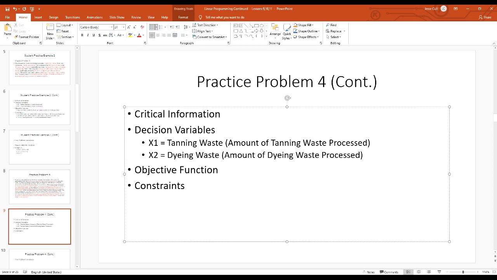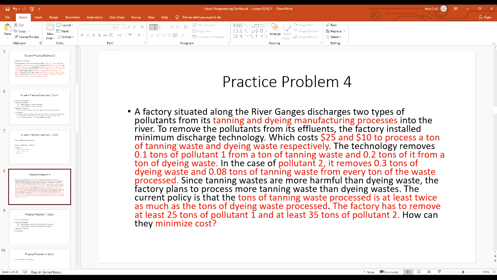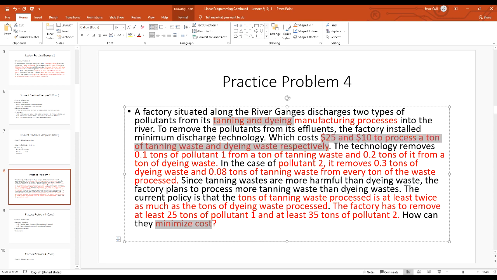In our objective function, we have to relate both tanning and dyeing waste to cost because we're trying to minimize cost. We see that all of the relevant information is right here. So now we have to write our objective function.